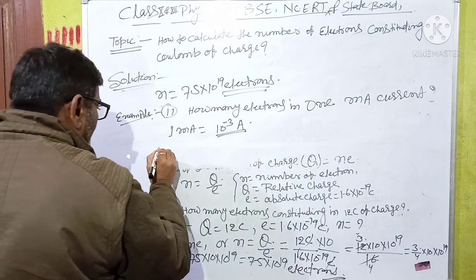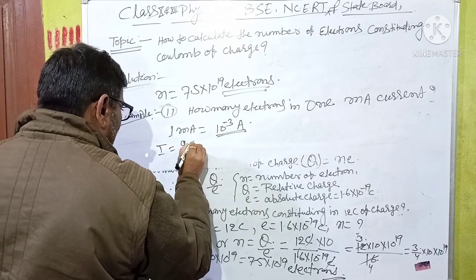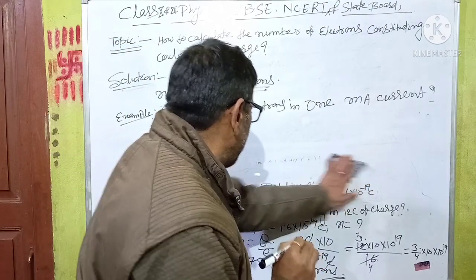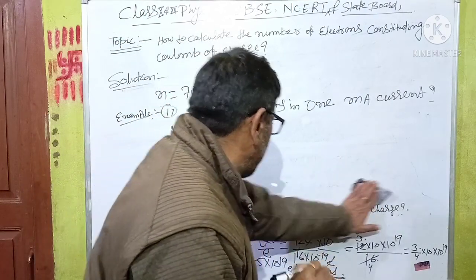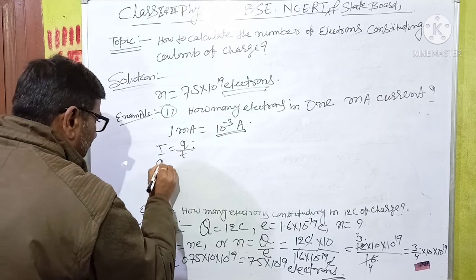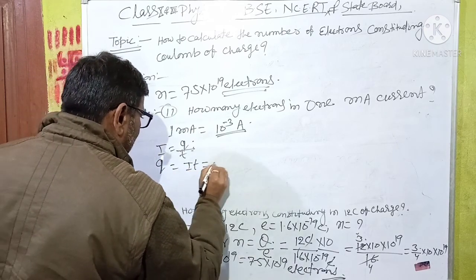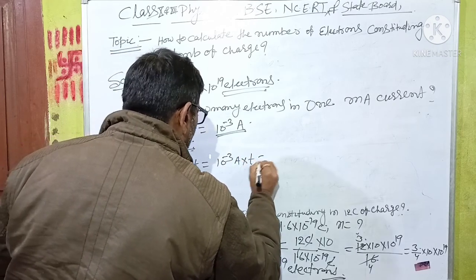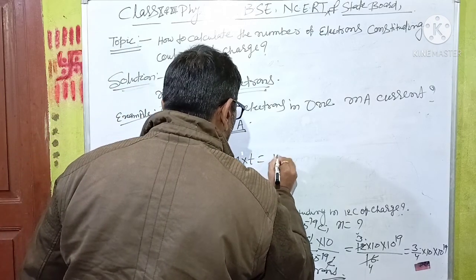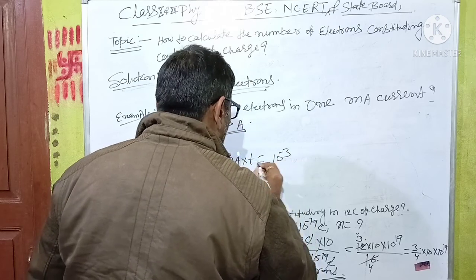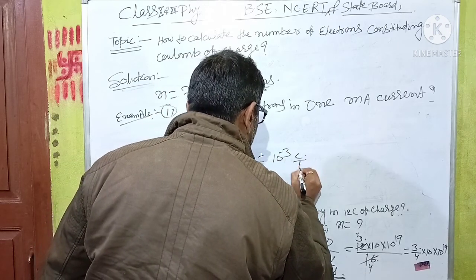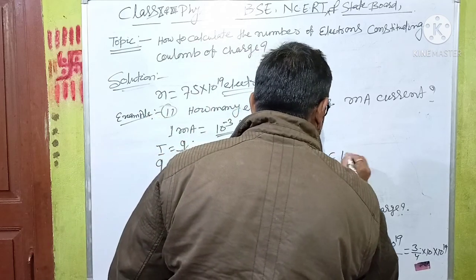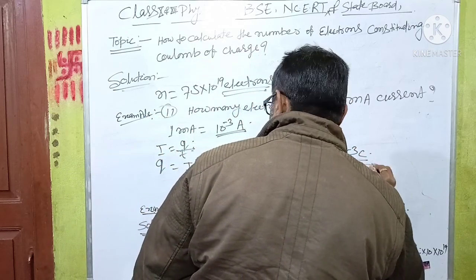Now I is equal to Q by T. Then Q is equal to IT, which is 10 to the power minus 3 ampere into time. Ampere means coulomb by time, so time cancels, and we get 10 to the power minus 3 coulomb.